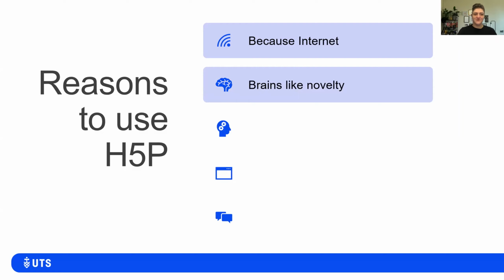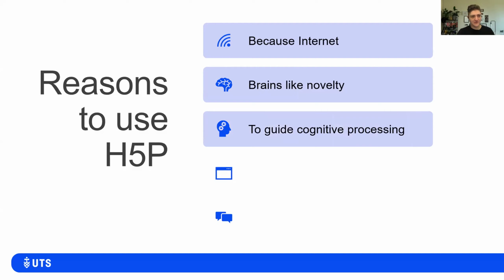And as an extension, we can use these activities to help guide cognitive processing. It's also useful because you can keep the content in line on your page in Canvas or Blackboard, rather than having to have them click out somewhere else and then come back, which makes the experience a little bit fragmented.